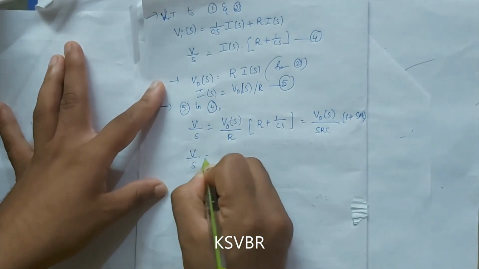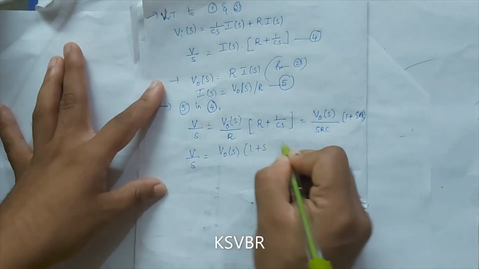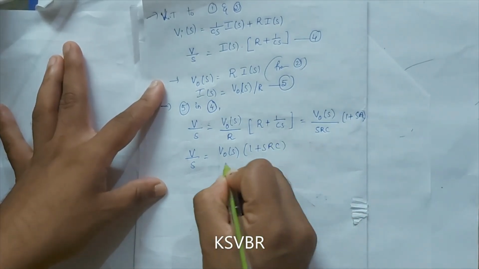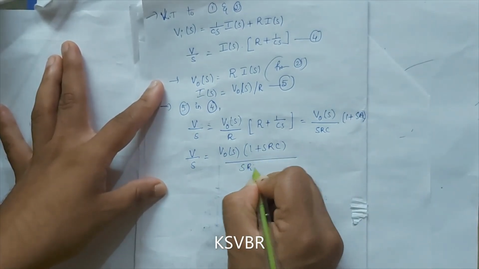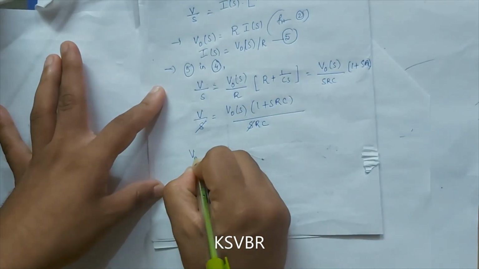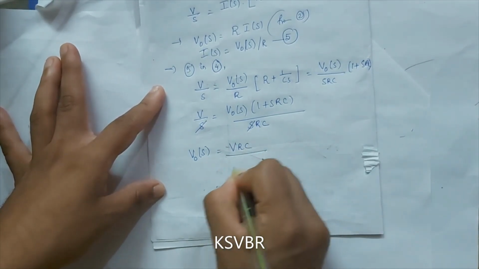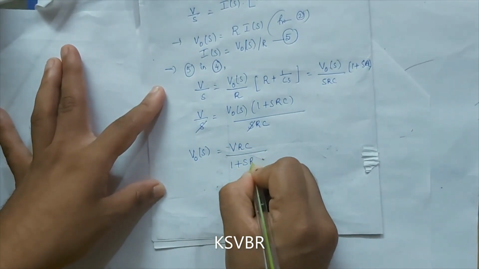So V by S is equal to V naught of S into 1 plus SRC by SRC. Yes, S will get cancelled. V naught of S is equal to VRC by 1 plus SRC.